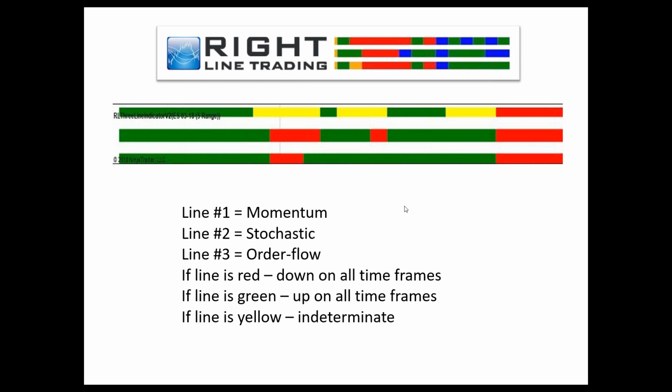If you're trading a tick chart, like a 377 tick, it looks at the 610 tick, and then the next higher fib number tick chart. If you're trading range, it does the same thing. If you're trading a 5 range, it looks at the 8 range and the 13 range. So from the speed or the time frame of your trading chart, it automatically makes an assessment of the 2 higher time frames.